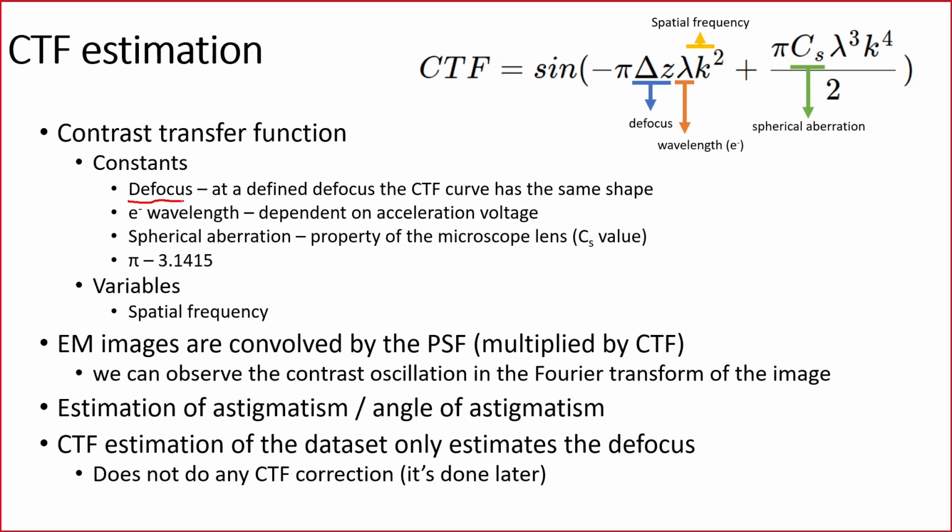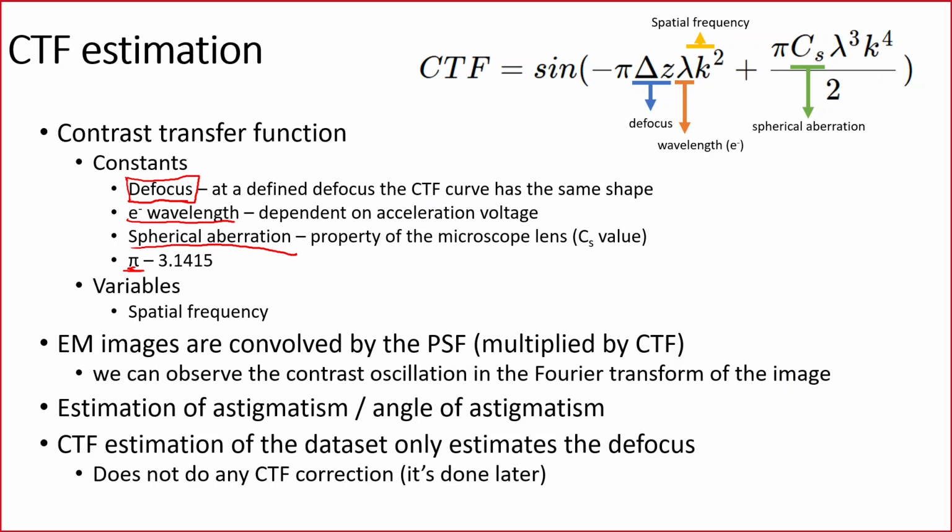We have a constant of defocus, a constant of wavelength, a constant of spherical aberration, and of course the natural constant pi. For CTF estimation, we will look for one of these constants: the defocus.